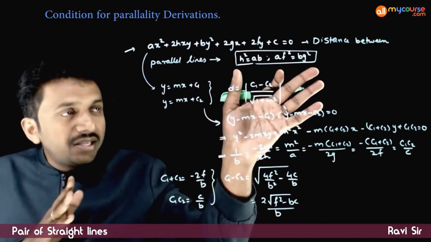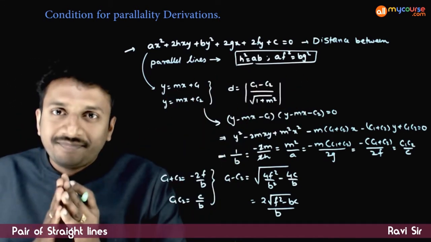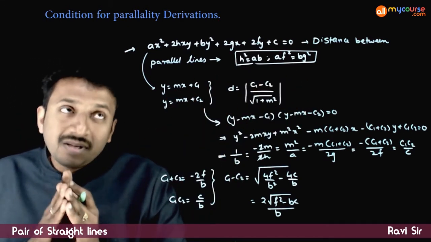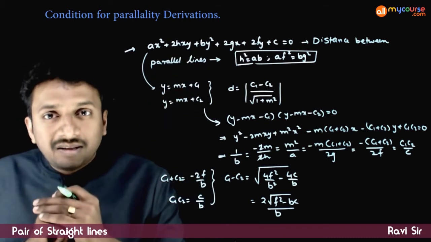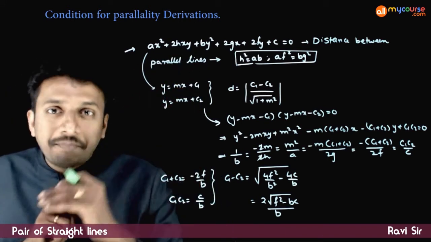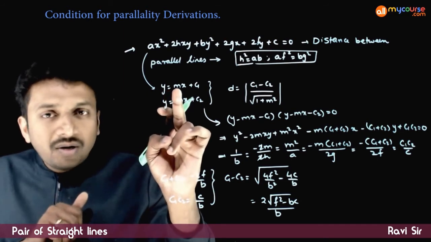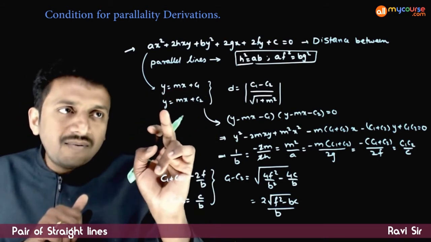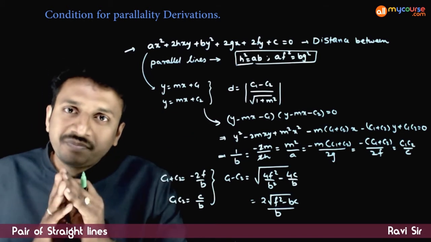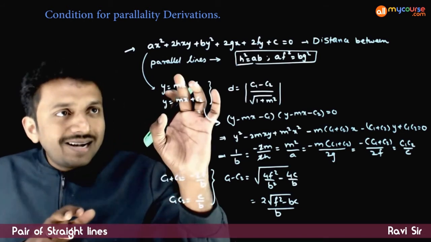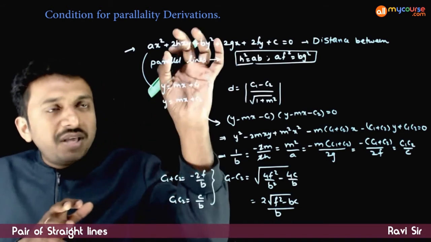So these are the two conditions which need to be satisfied. Now, if they represent a pair of parallel lines, let us assume the lines are y equal to mx plus c1 and y is equal to mx plus c2. So let us say that these are the two lines which make up this equation.